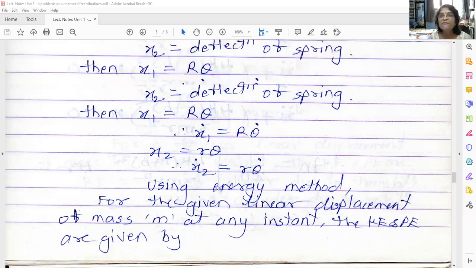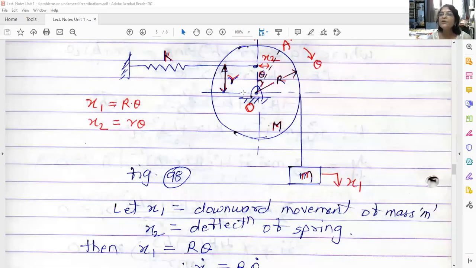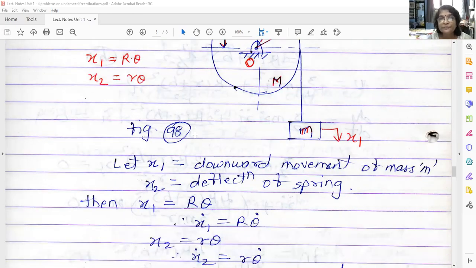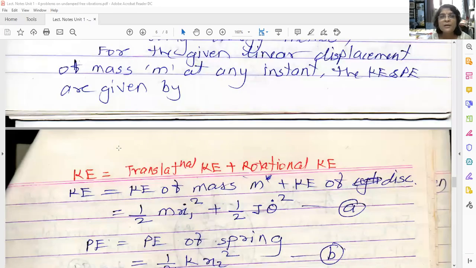Now here, generally for such type of problem, we use energy method. That makes us the simplified equations. Okay. So what is your energy method? See, total energy of the system will remain constant. What is the total energy associated with this vibratory system? Kinetic energy and potential energy. So what is the kinetic energy? Total kinetic energy, translational kinetic energy plus rotational kinetic energy.